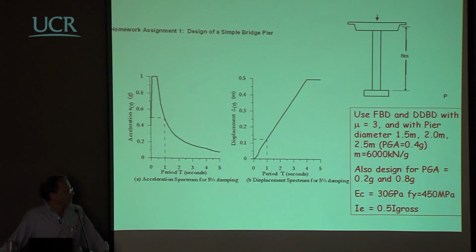And if you do that, you will have some indication of how the results change in a different way, applying a force-based approach and a displacement-based approach. And there is an indication of what you could use as the elastic modulus and the yield strength of the steel, and an approximation that you could use to guess the correct value of the inertia with respect to the gross value of inertia.